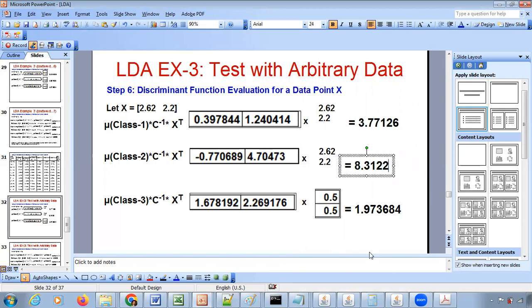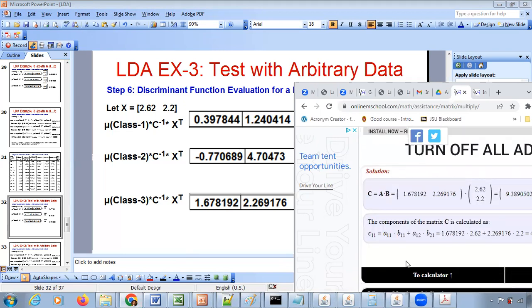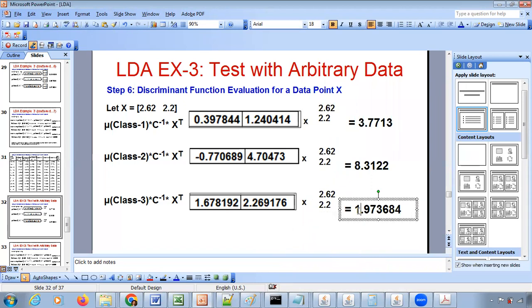For the third one, we approximate to 4 decimals and multiply with 2.62 and 2.2. That's going to be 1.678192 and 2.269176, which comes to 9.3890.